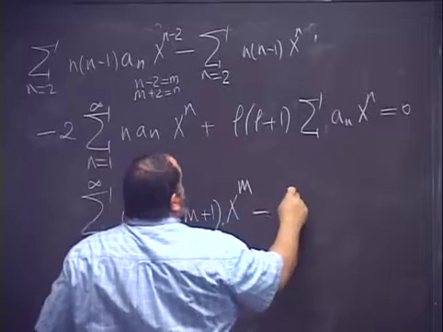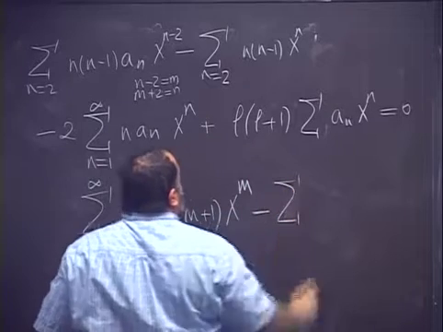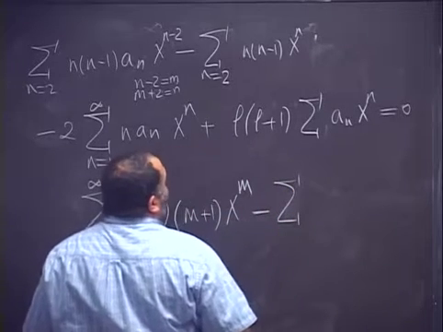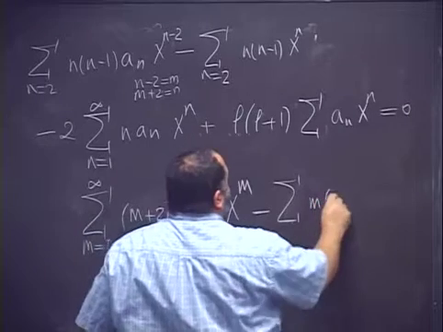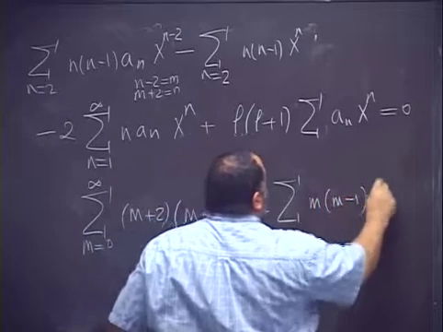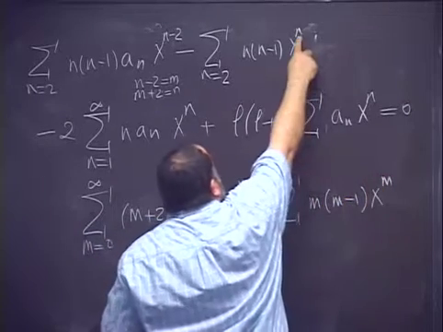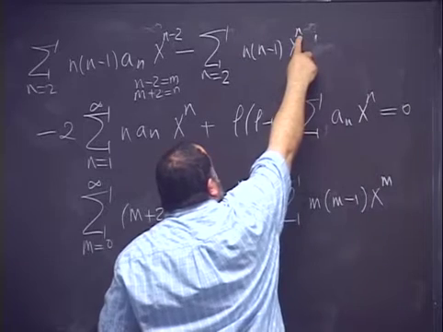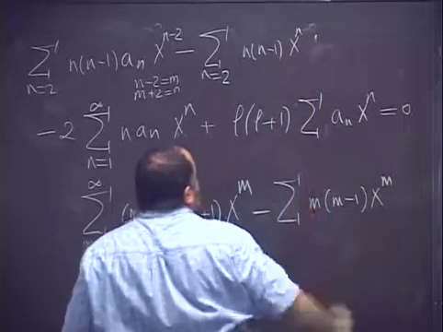Here I will choose n equal to m. So this will be m minus 1 times x to the power of m, because I do not have to change n here. So I will call n equal to m.